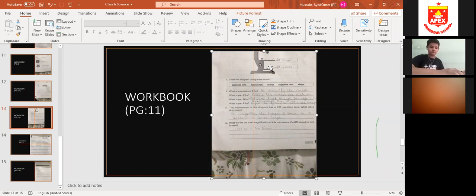Okay, they have shown you a diagram of a microscope. You have to label it and also write the answers to the questions given below.